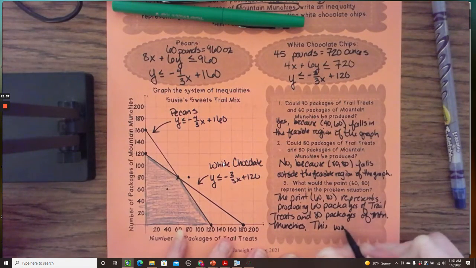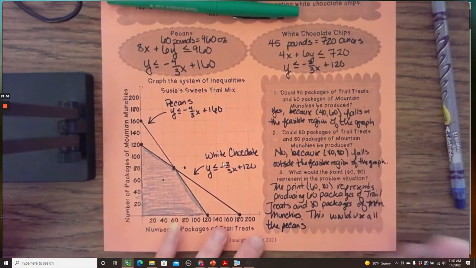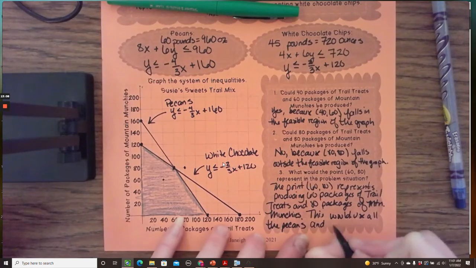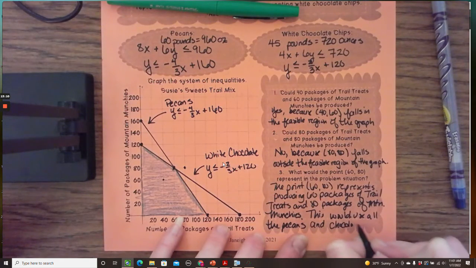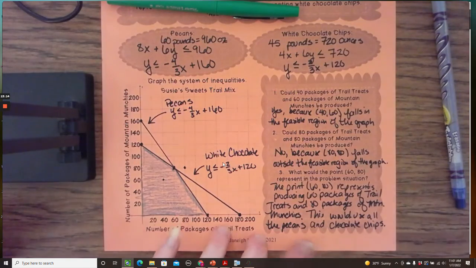This would use all the pecans and chocolate chips.